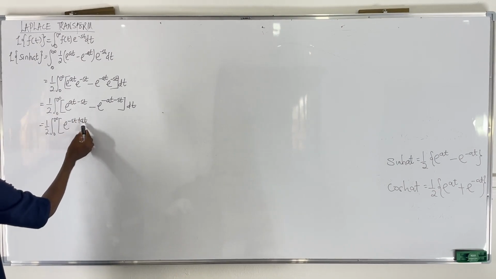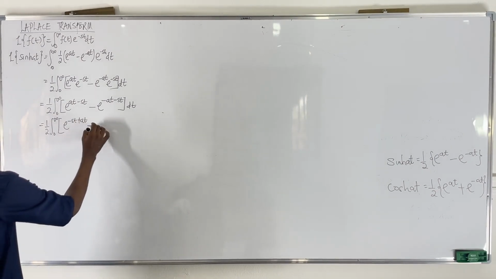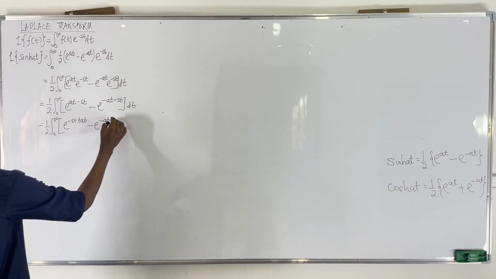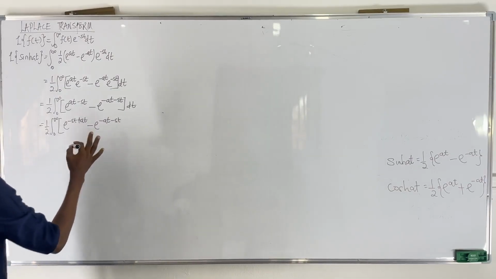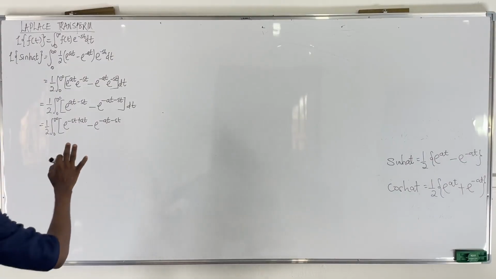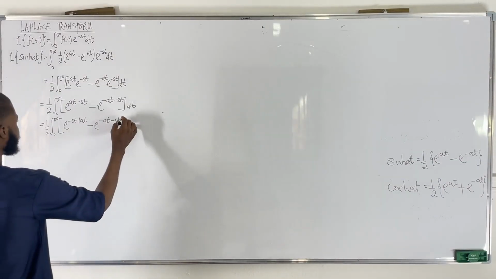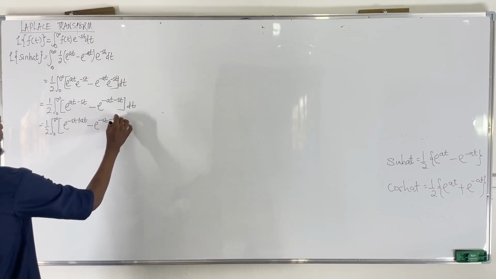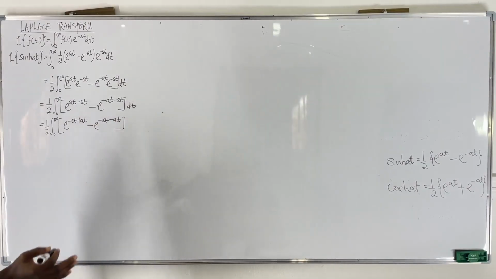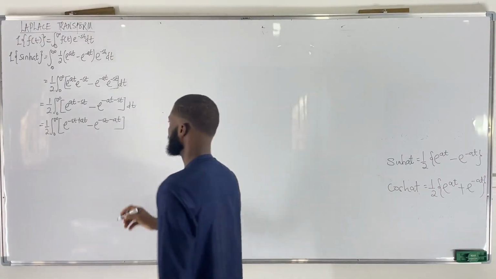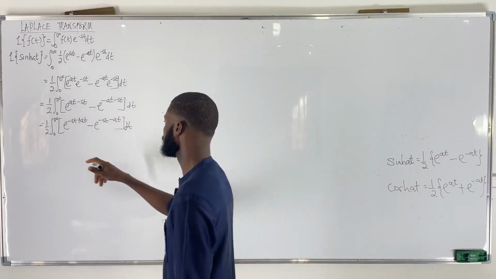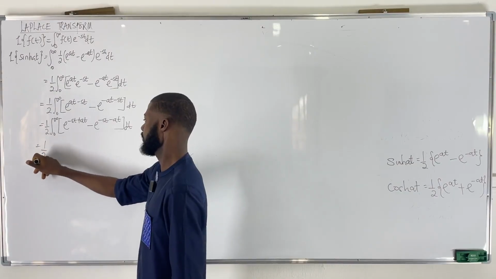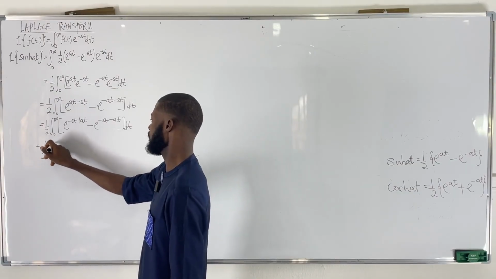And then minus e to the minus at minus st. Or let me just put it as minus st minus at. Nothing is going to be damaged; it's still going to be correct. And then dt. So this is half integral from 0 to infinity.